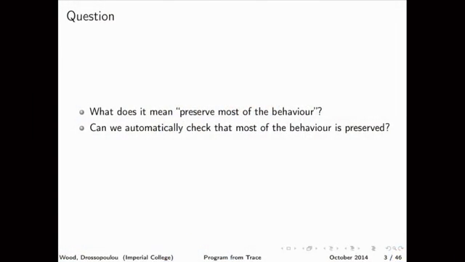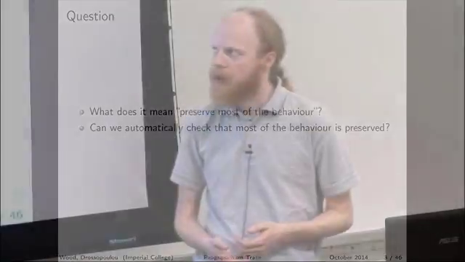So the two questions that we're trying to address here are what exactly does it mean to preserve most of the behaviour of a program, and have we got some way of checking whether or not they've done that?